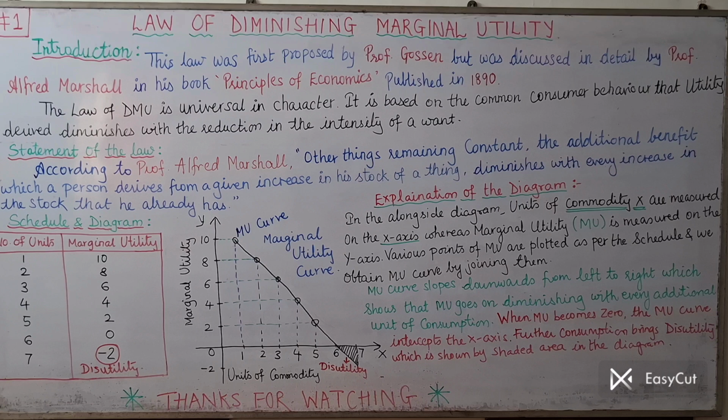From where are we getting this? So there is a link in the statement. From a given increase in his stock of a thing. That means as and when the person's stock of a thing increases, the additional benefit he is deriving out of that stock, what happens next is it diminishes with every increase in the stock that he already has.